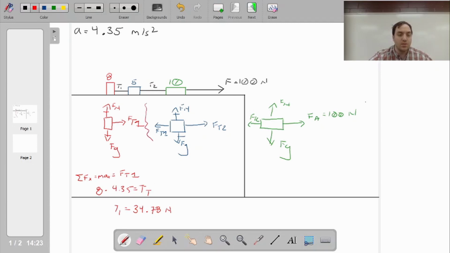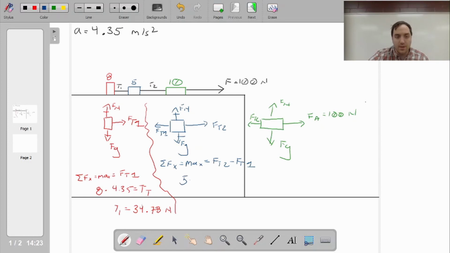I can continue this trend and move on to the blue, or the second mass. Again, we're only going to focus on x because y is solved and we don't have to worry about friction. So my sum of all forces in the x direction equals ma. In this case, I have force T2 minus force T1. But the process is still the same. I know the mass, I know the acceleration, and I know T1 from here.